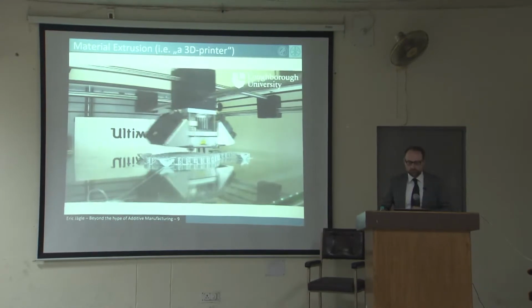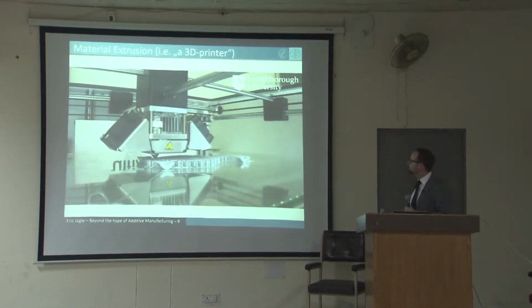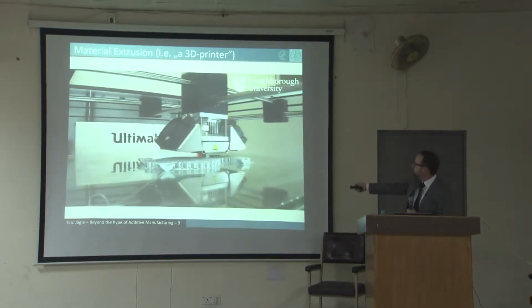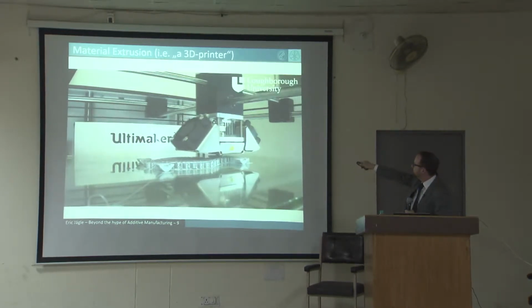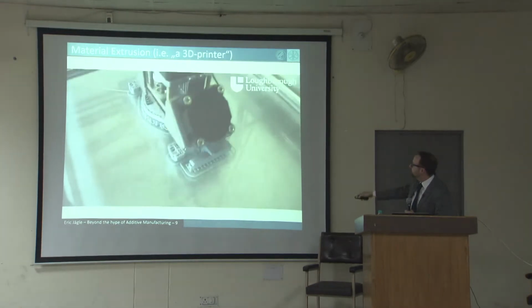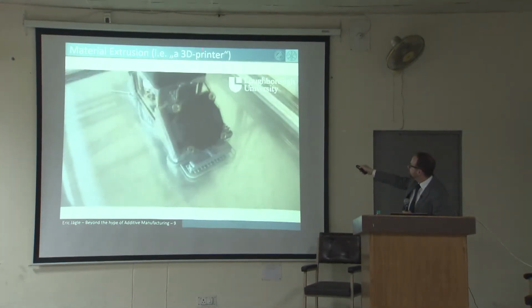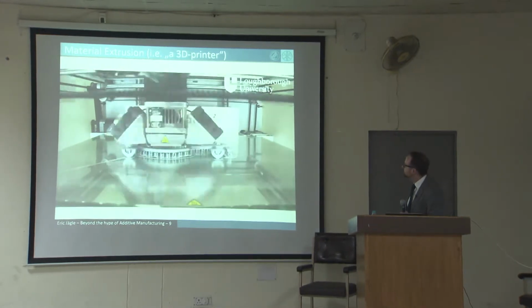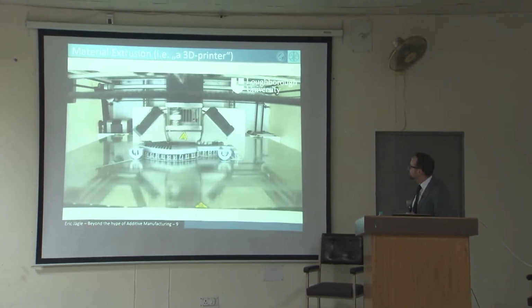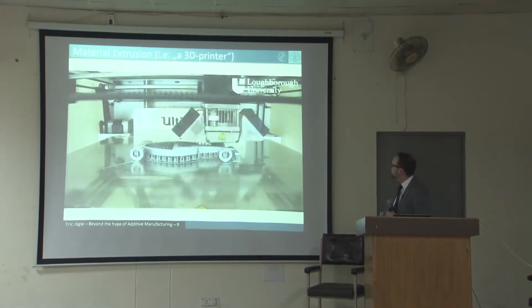Is it running? Yes, it is running. Good. So this is what the process looks like in reality. Here you have the nozzle. You can't see where the filament is coming from. It is from somewhere here from the top. These bars are sort of what's giving the Cartesian robot its positioning.